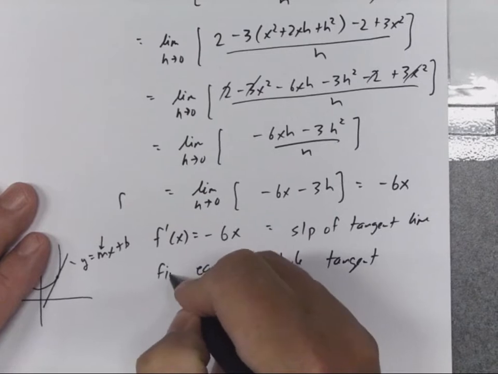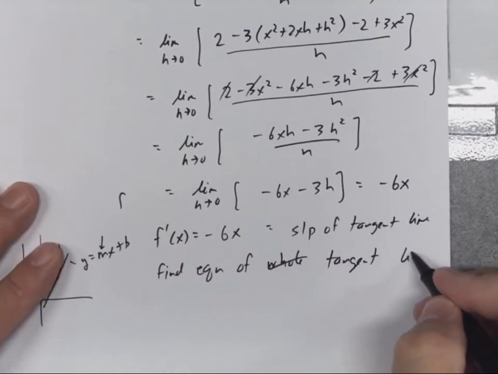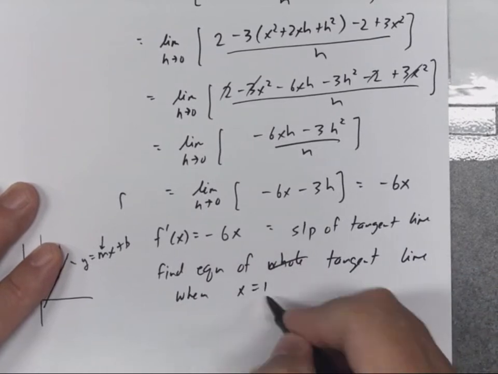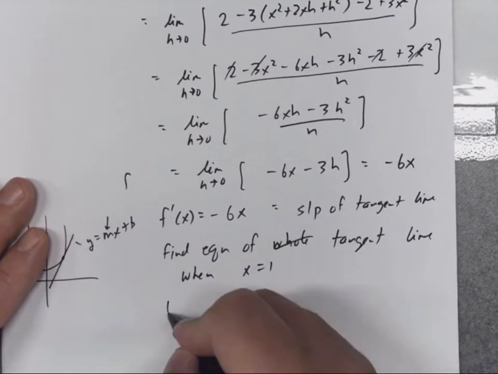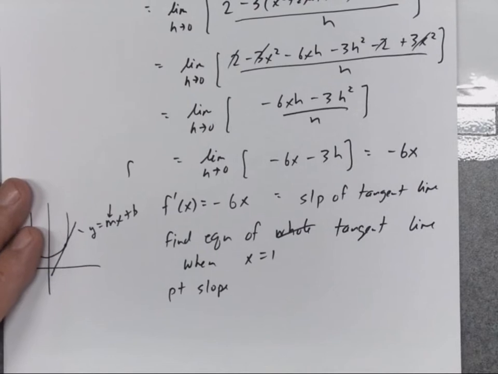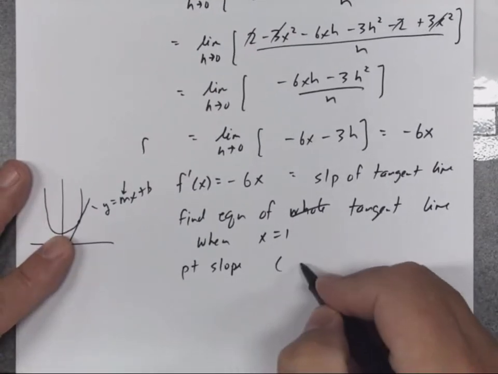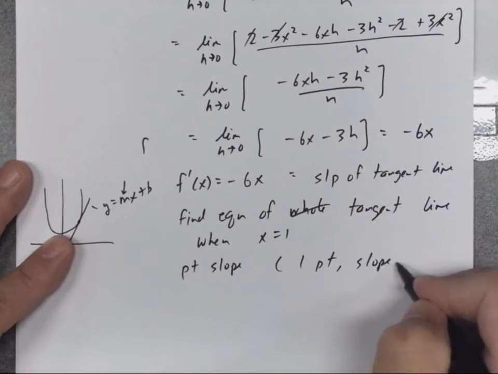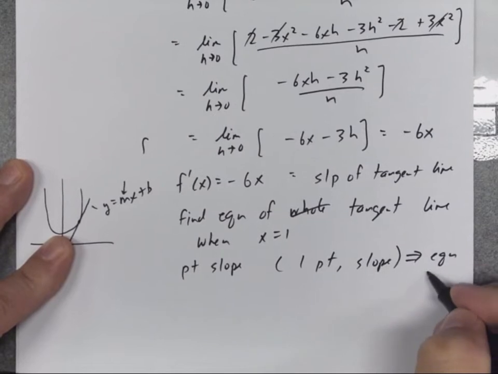We want to find the equation of the tangent line. Here's what we're going to use. There's an equation you learned way back in algebra called the point slope, which means if you have one point and you know the slope, then you can get the equation of the line.